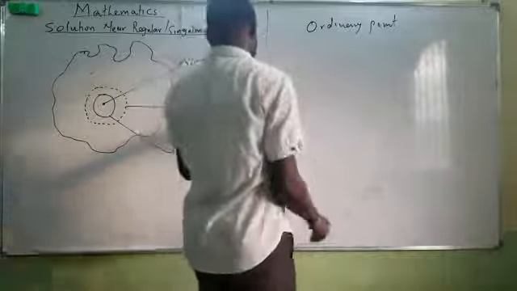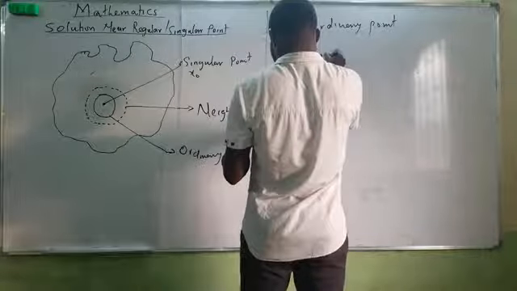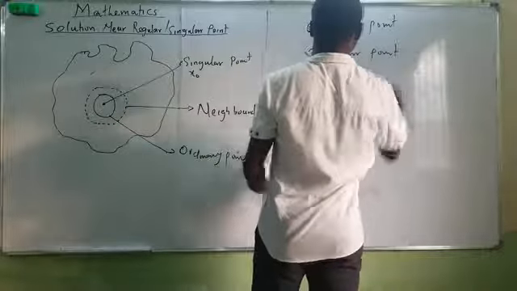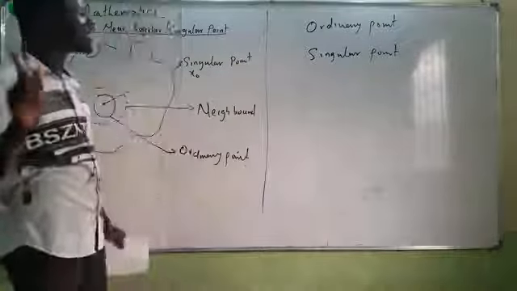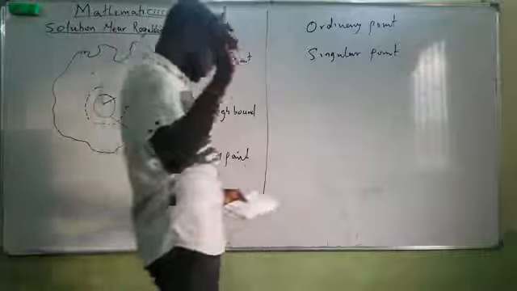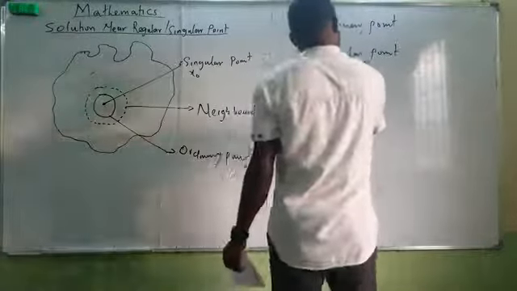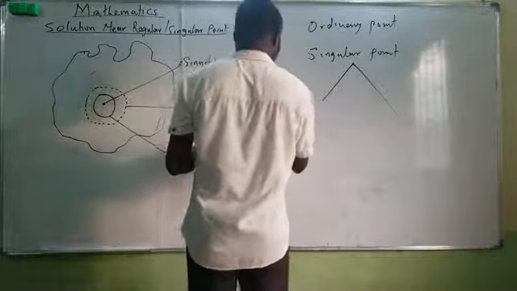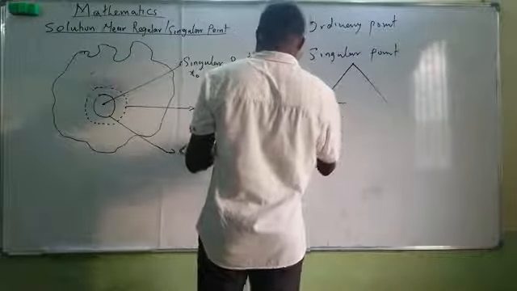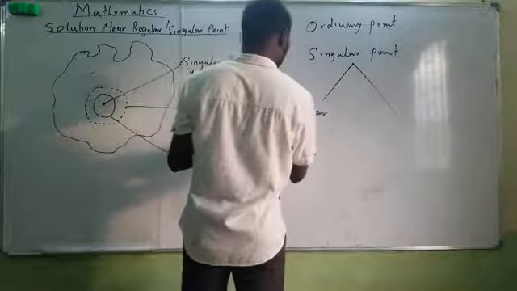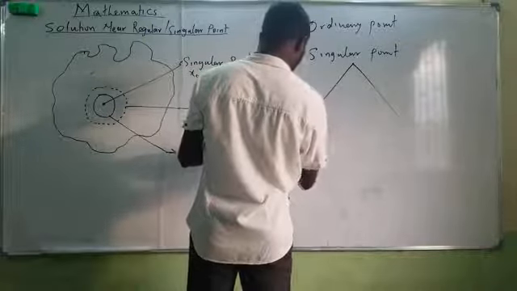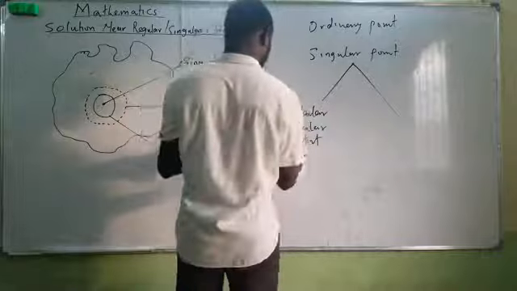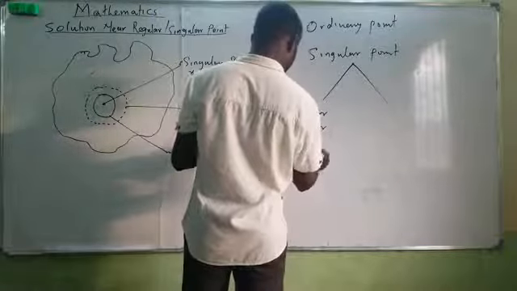Now, when is a singular point, 2 things can occur here. Please take note of this. Number 1, we can see a regular singular point, most times they will put RSP.